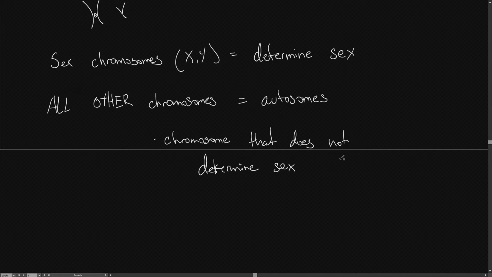And we can add that it does not determine the sex of the fetus, because this is the stage of life when sex is determined. And because they do not play a role in the determination of sex at this stage of being a fetus, they are autosomes. They do not determine sex.